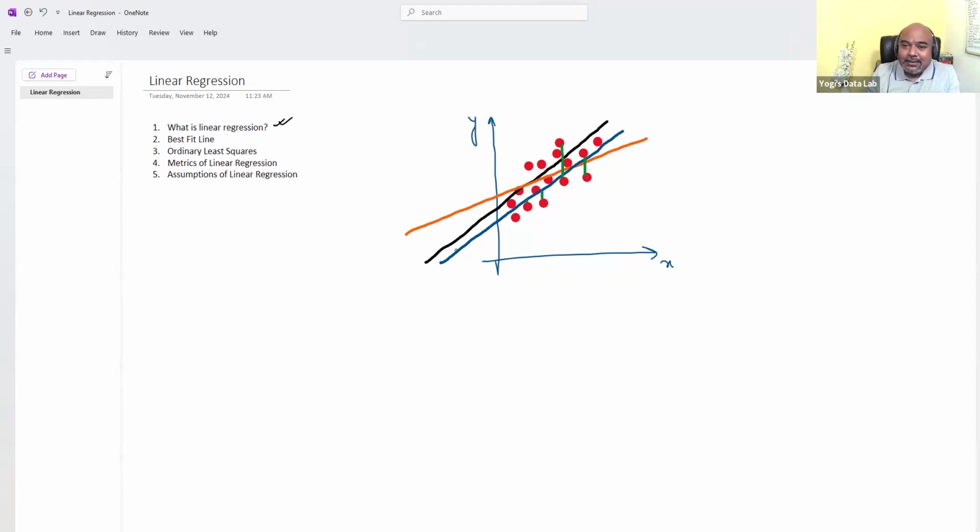To understand this, we'll go with another diagram and try to understand what is a predicted value, what is an error, and how we come up with the metrics around it to identify which one of them could be my best fit line. So let's draw this.